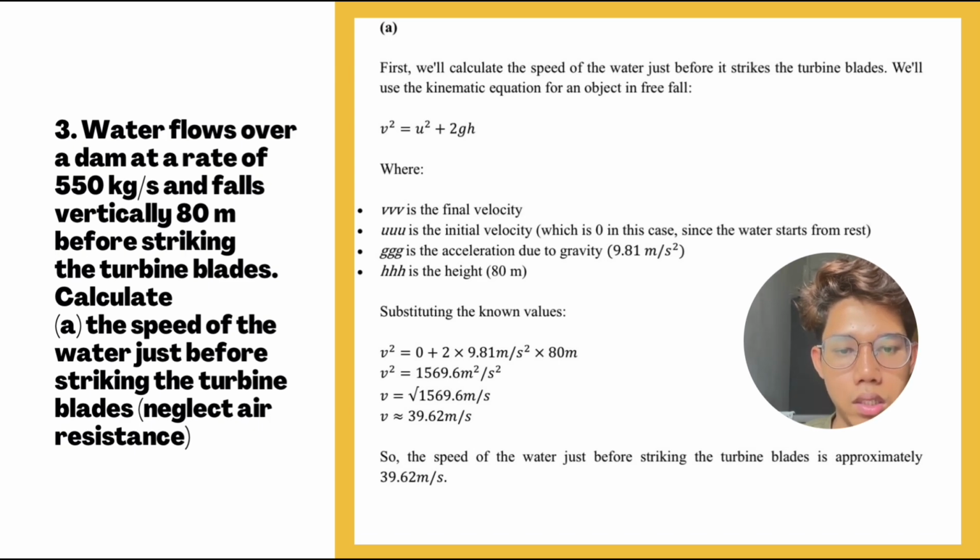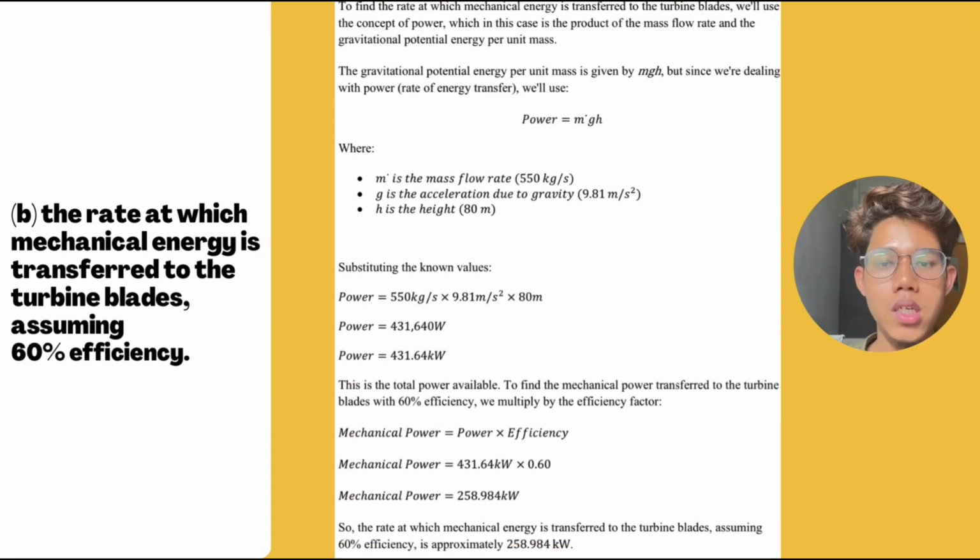The third step is v equals the square root of 1569.6. So the answer is v equals 39.62 meters per second. So the speed of the water just before striking the turbine blades is approximately 39.62 meters per second.